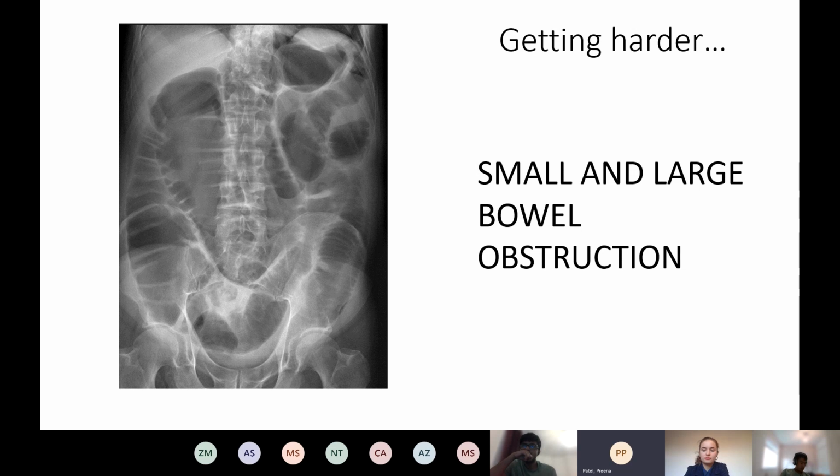Obstructed, not obstructed, small or large? Someone guess. Not obstructed, okay. Anyone else?